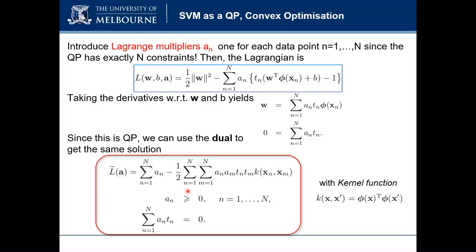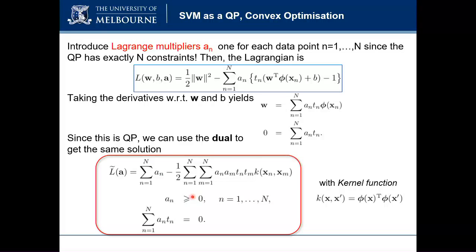I will come to that, where the alpha n's are the Lagrange multipliers. If they are positive, those are the points that are the support vectors, which play an active role in drawing the boundary. Those points whose alphas, the Lagrange multipliers, are 0 don't play a role in defining the boundary, the hyperplane, or hyper surface in this case, because it's nonlinear.